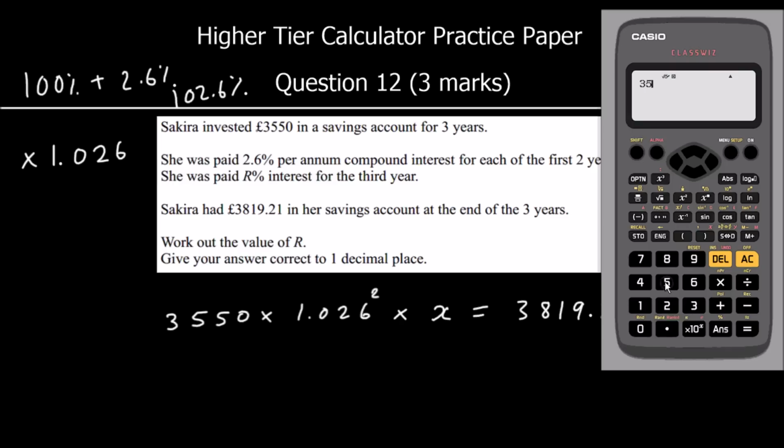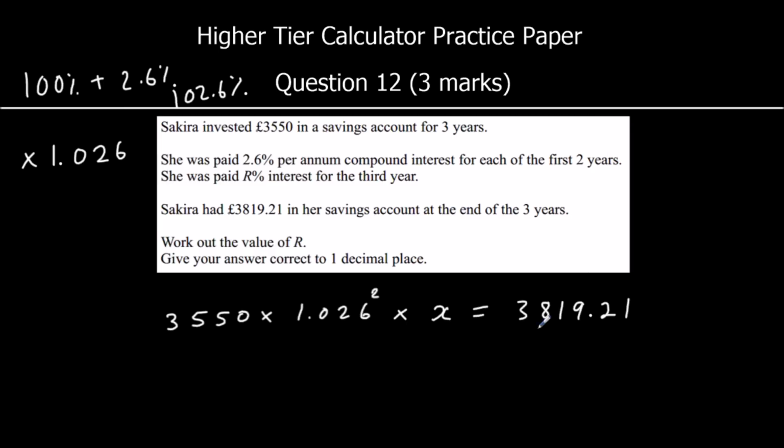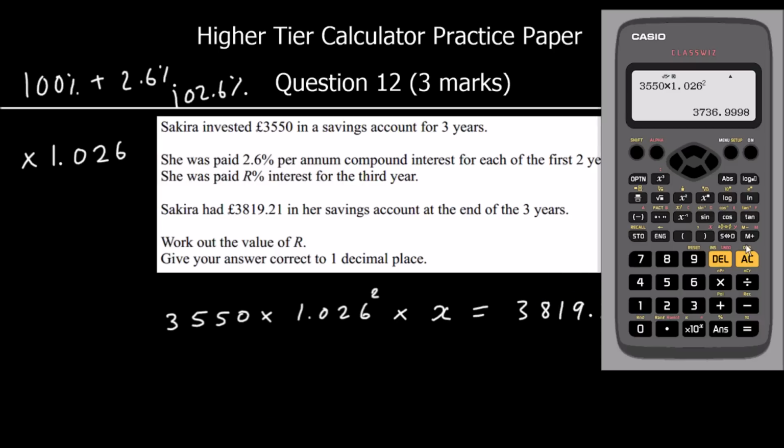So 3,550 times 1.026 squared. So after 2 years, she would have had 3,736, and so on. And then that times X is £3,819.21.